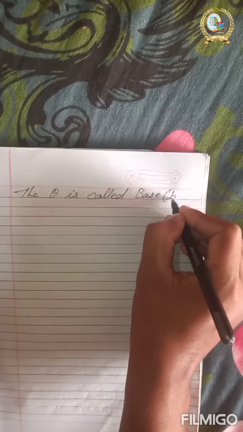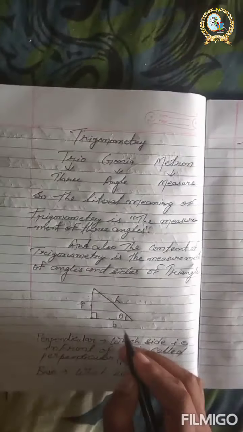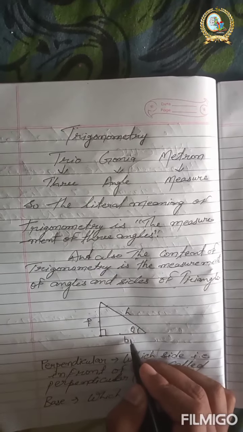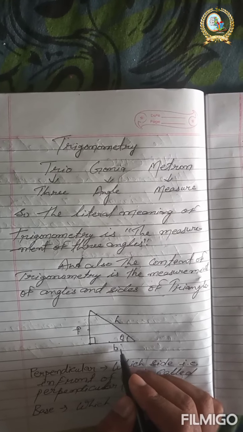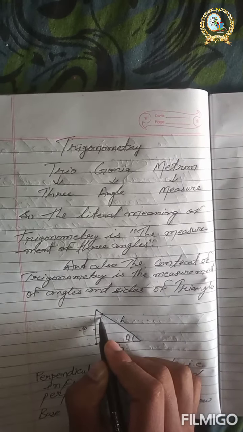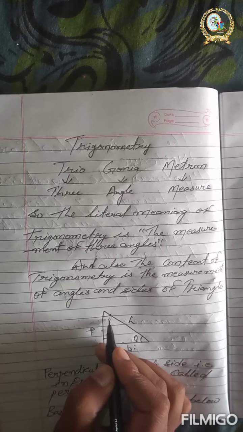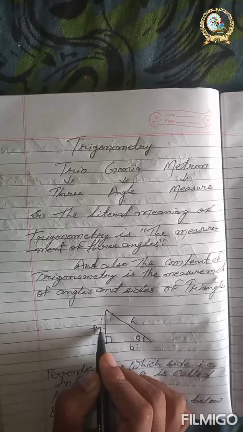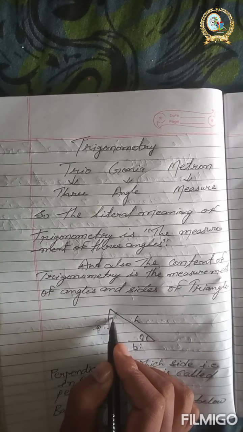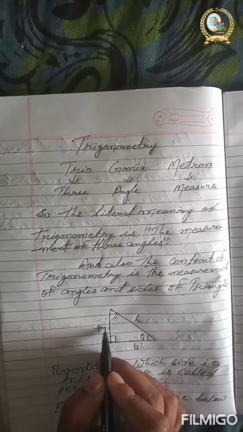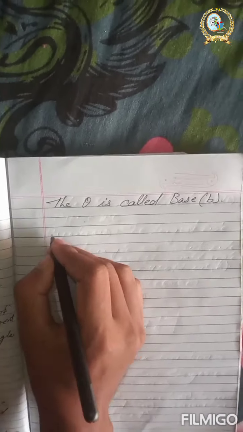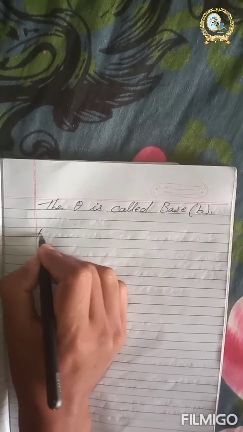It is denoted by a small b. So there is a theta, and below it, that side is called base. When theta is here, this side is below the theta, so on the basis of this theta, this is called base.